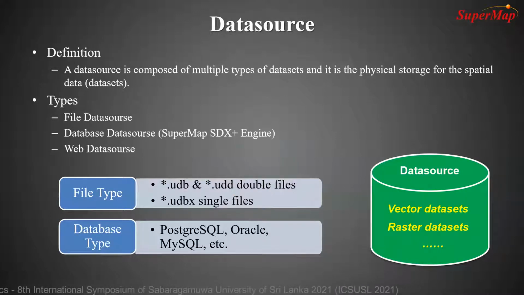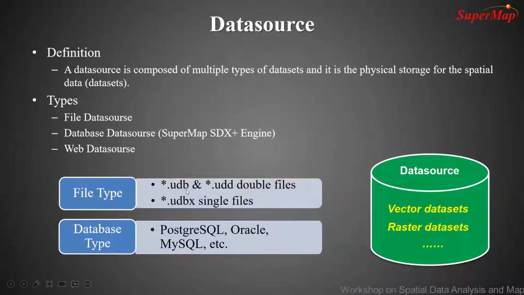And then that is the data source. The data source is composed of multiple types of datasets, and it is the physical storage for spatial data. There are three types of data source: the file data source, database data source, and web data source. For the file type, there are two forms.